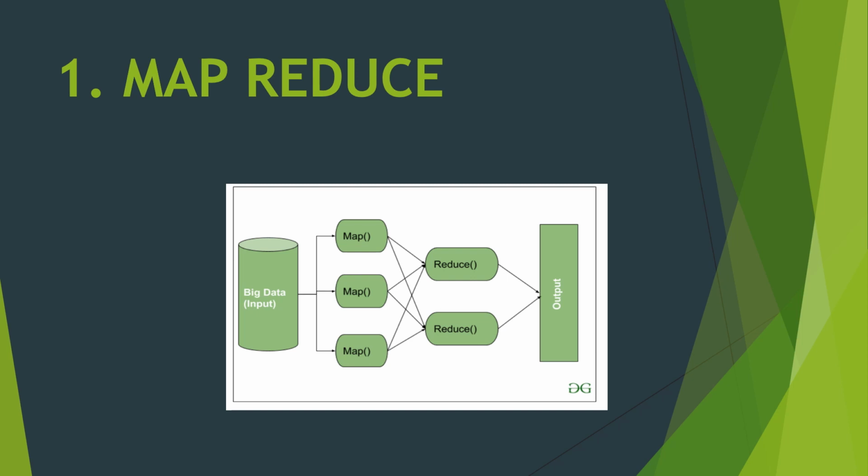Let's understand the map task and reduce task in detail. In the map task there are four parts: record reader, map, combiner, and partitioner. The purpose of the record reader is to break the records. It is responsible for providing key value pairs to the map function.